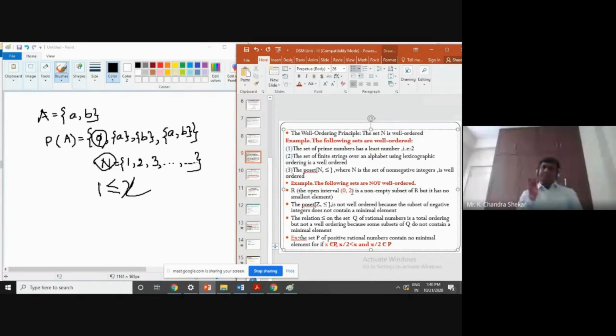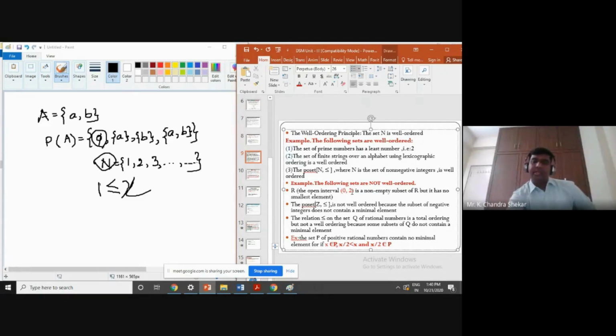Until and unless I very specifically say non-negative or positive, then only I can come up with some smallest element like 0 or 1. But if I don't specify something like non-negative or positive, then I can't tell you the smallest element of that series. So once the smallest element is not there, you can't call it well ordered. He has given the same reason: the non-empty subset does not have the smallest element.